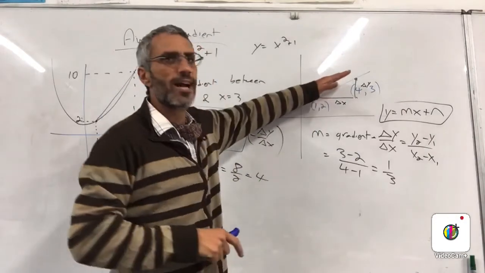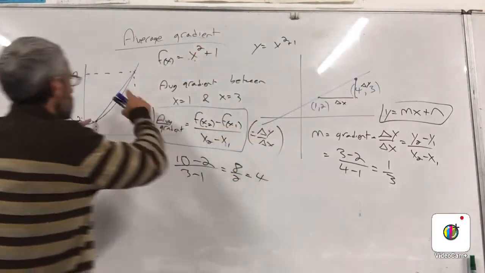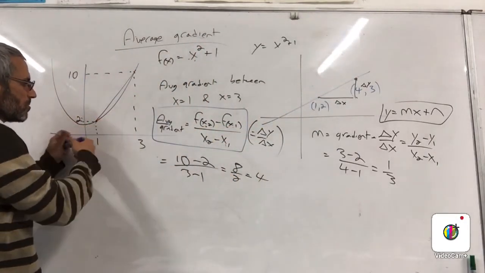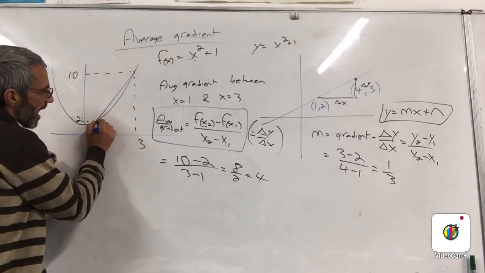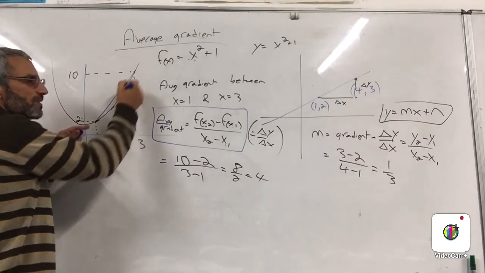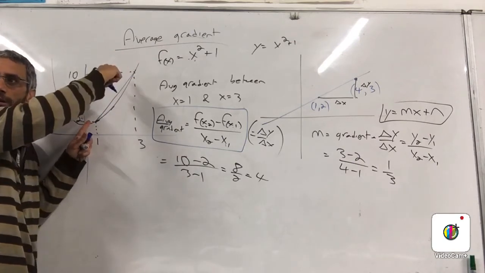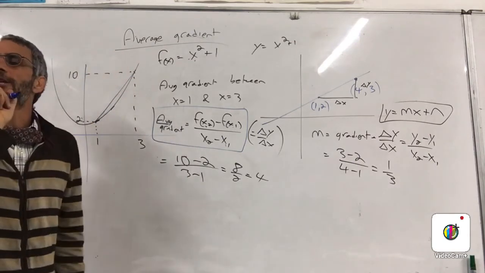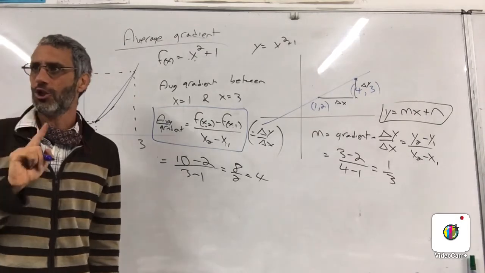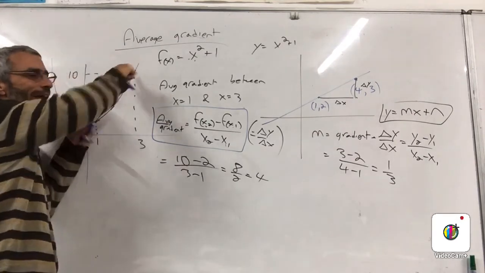I can understand the degree of the slope here, but what about this slope? Do you mean the angle here or the angle there? The steepness changes. So what we're doing is calculating an average gradient just by taking the end points.